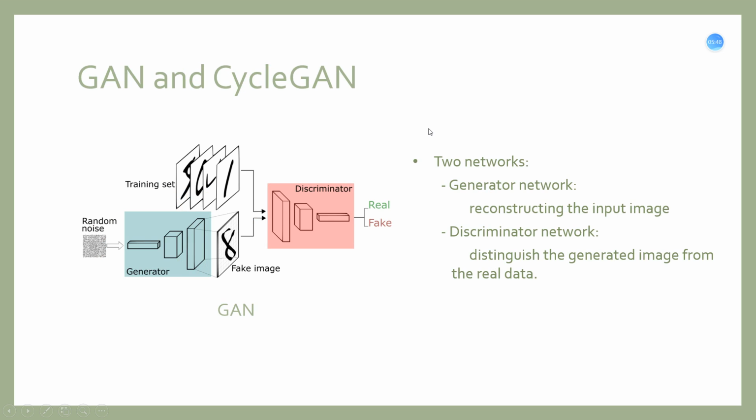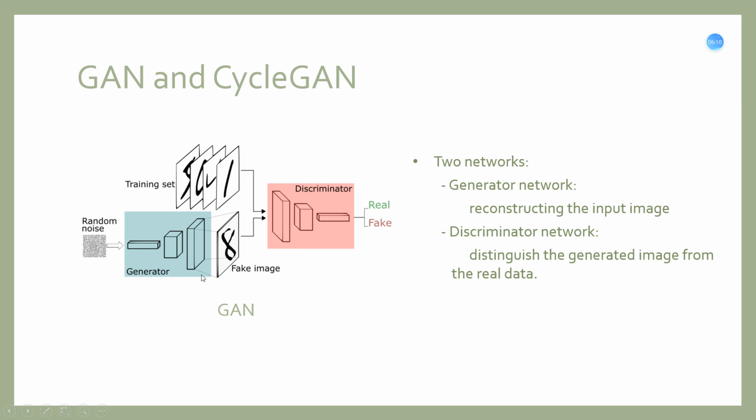Here is the second branch in my project, which is GAN. The basic structure of GAN is shown in this picture. We can say it consists of 2 networks, one generator network and one discriminator network.